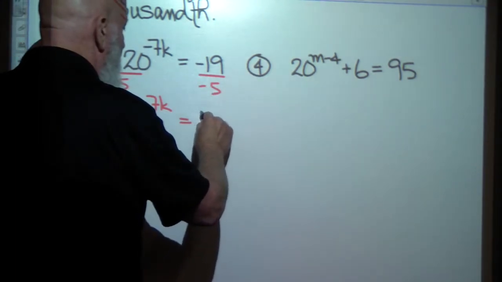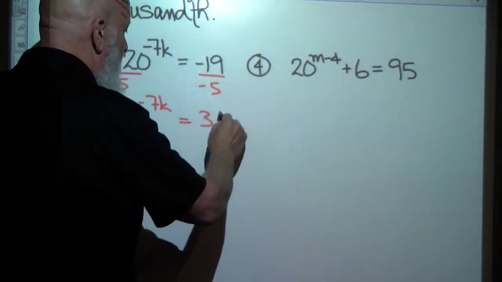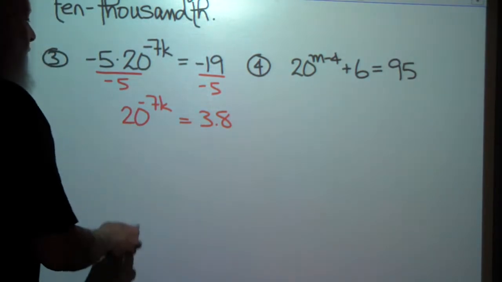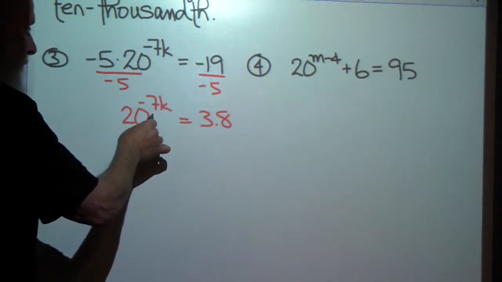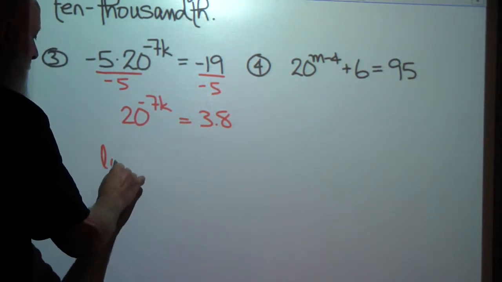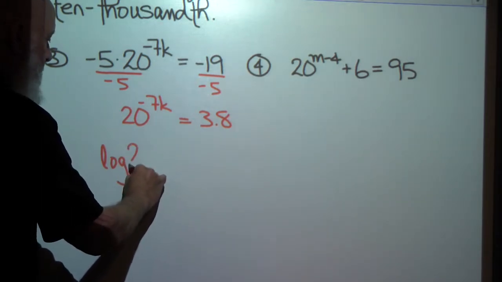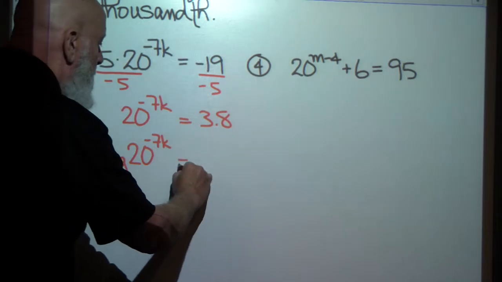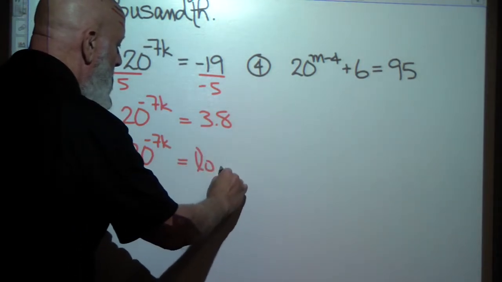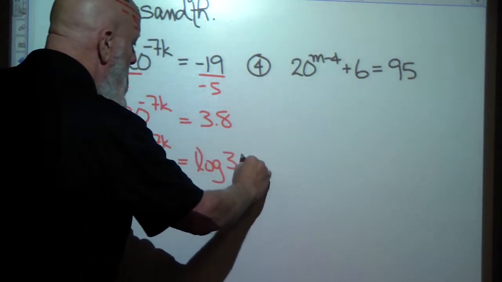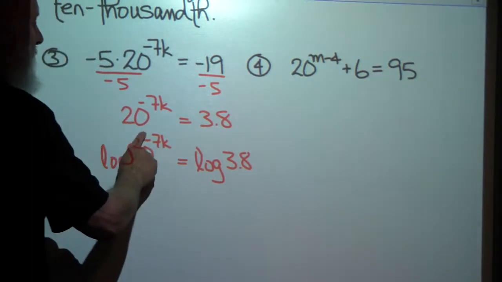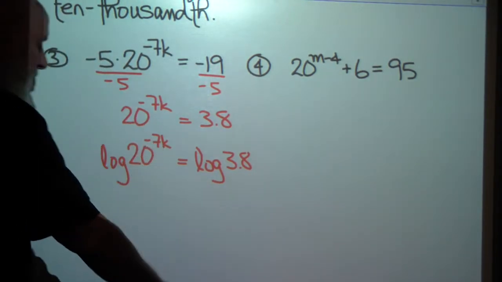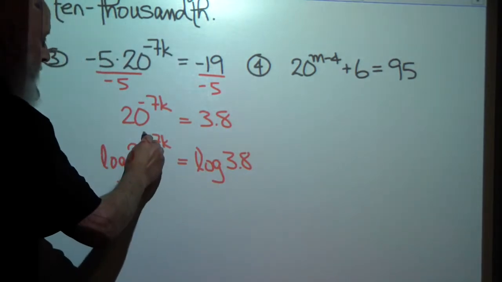That'll be positive 3.8, or you could leave it as an improper fraction if you want to. And now I'm going to take the log of both sides. The reason I'm going to do that is because logarithms have a property that enables me to move this exponent from a position of an exponent to a position of a coefficient.